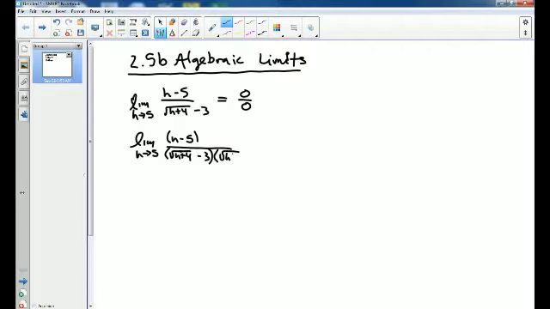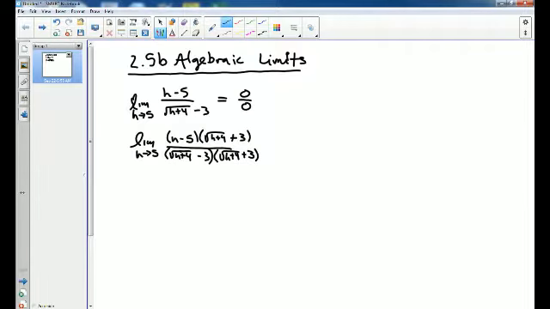We want to multiply by the conjugate, top and bottom, because it usually gets rid of the issue that we're having with the indeterminate form. You only change the middle sign.